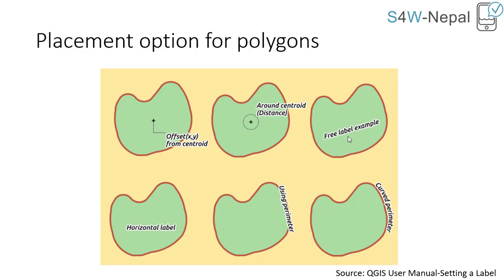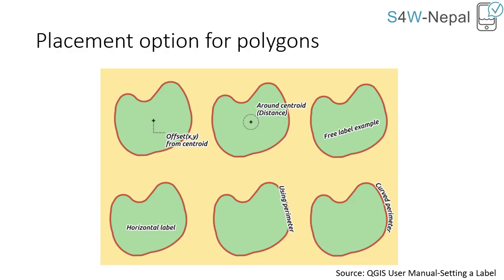These place the labels in the best position either horizontally or rotating inside the polygon. The next one is using perimeter. This option allows you to place the label parallel to the lines, and you can define a position or distance for the label. And the curved perimeter helps you to label along the boundary of the polygon.